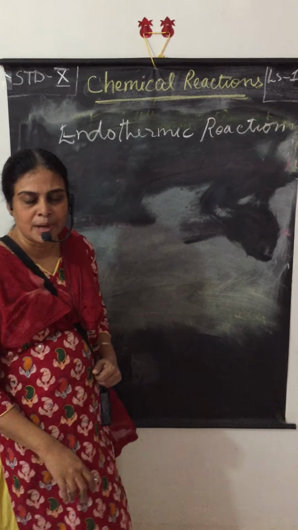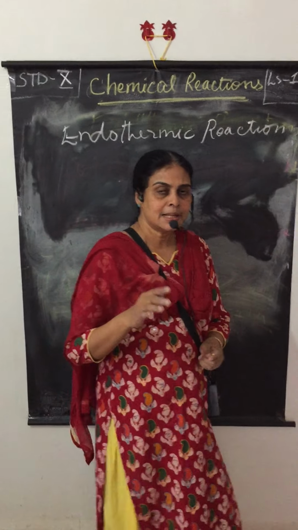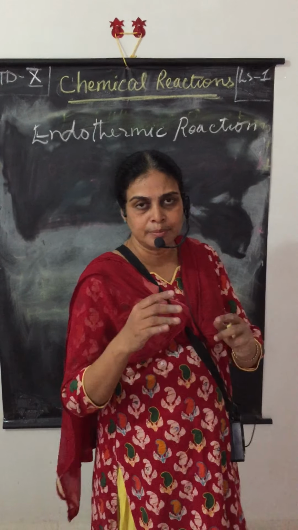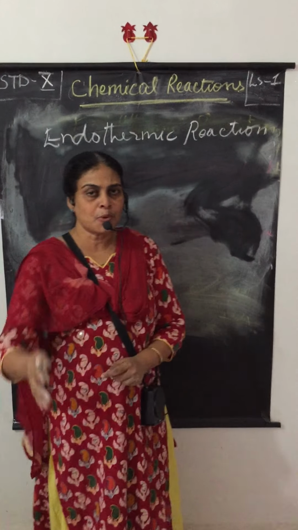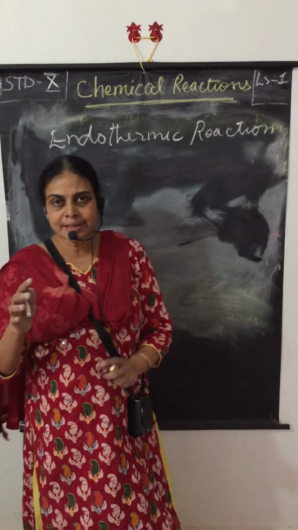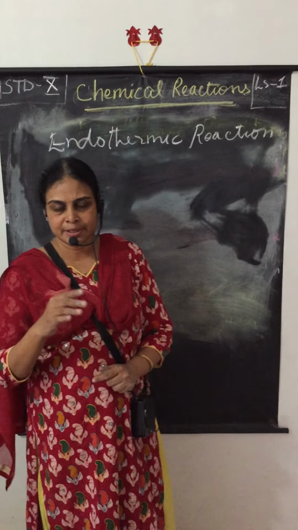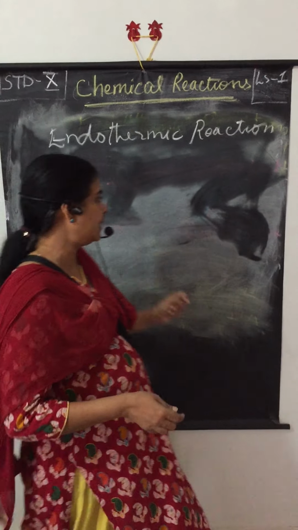Suppose silver bromide, which is used in photographic film. Why is the photographic film wrapped in black paper? Because when it is exposed to sunlight, silver bromide gets decomposed, so it becomes useless. So it is wrapped and kept in black paper.